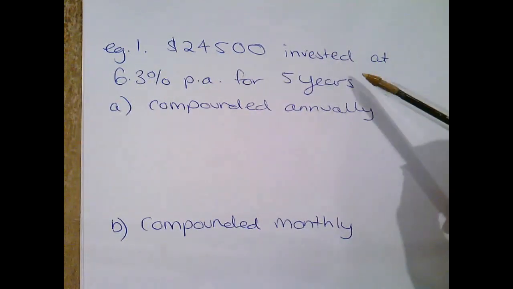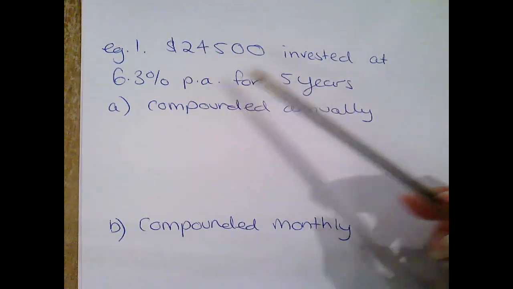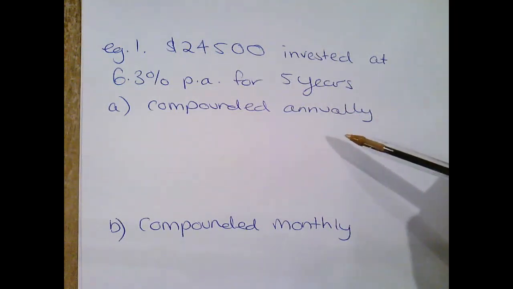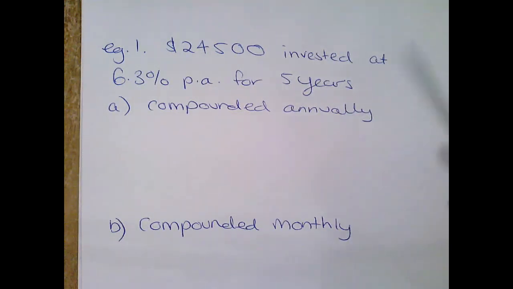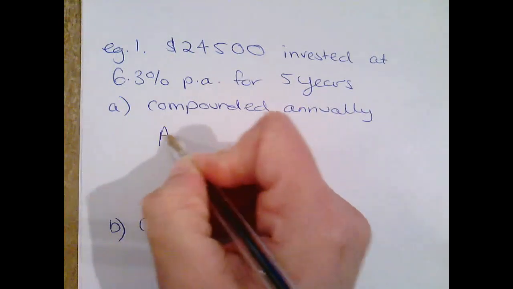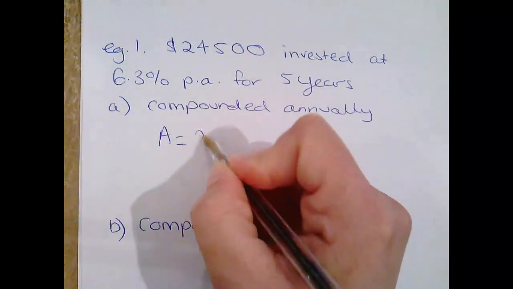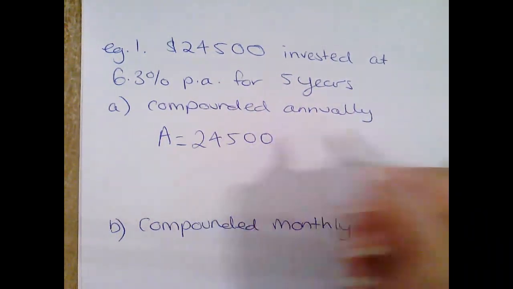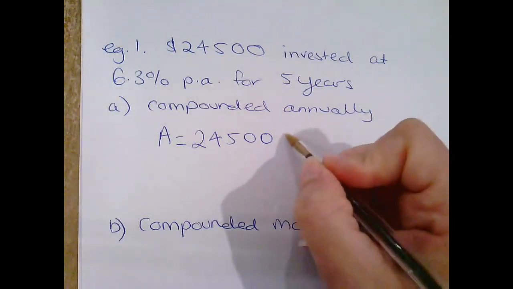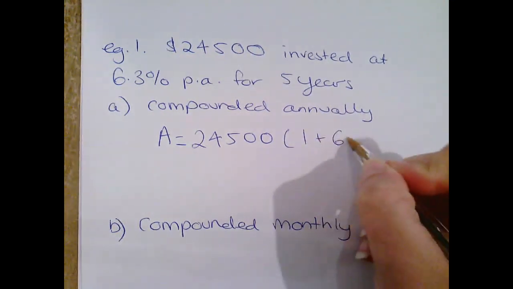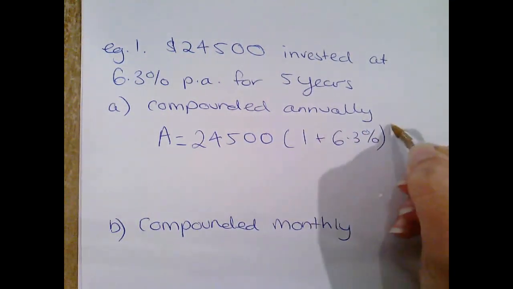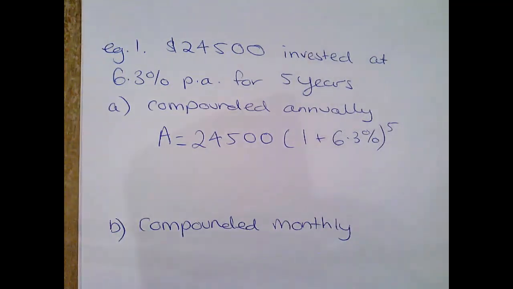So we've got an amount of money invested at that interest rate for 5 years, and it's compounding annually, so every year. So the amount equals 24,500, 1 plus the interest rate to the power of 5.